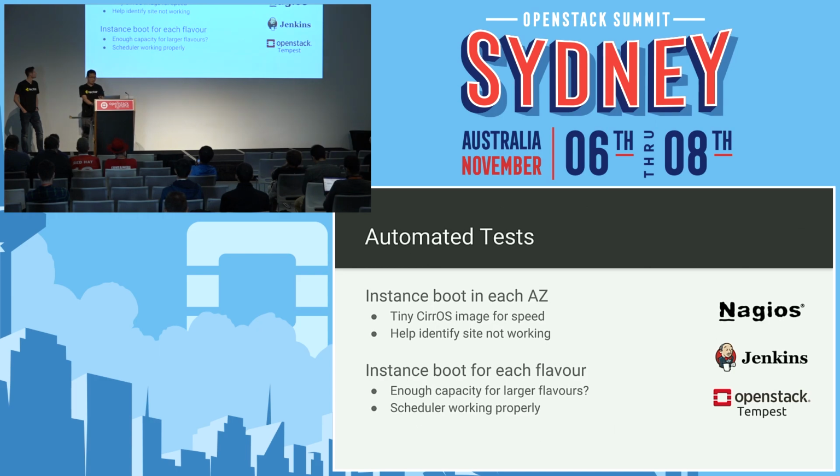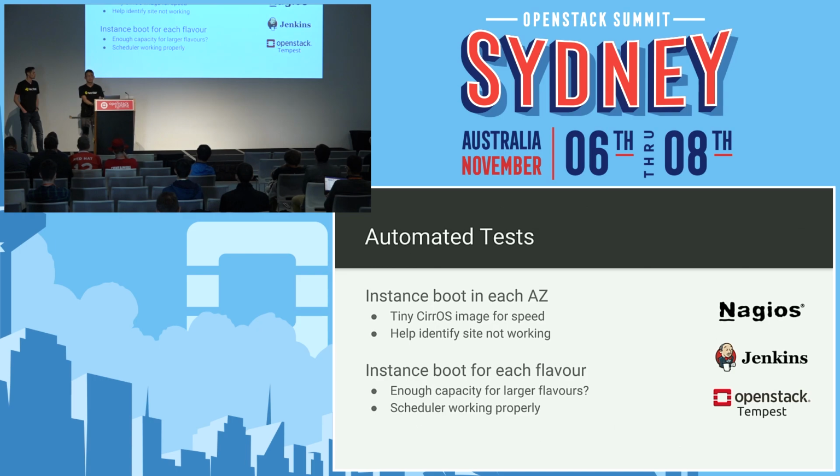So the automated test was the one. The instance boot test I covered in detail just now. We have a tiny Cirros image just to make sure that they boot really fast. We also have an instance boot test for each flavor. This is basically to test if the cloud has enough capacity for larger flavors.